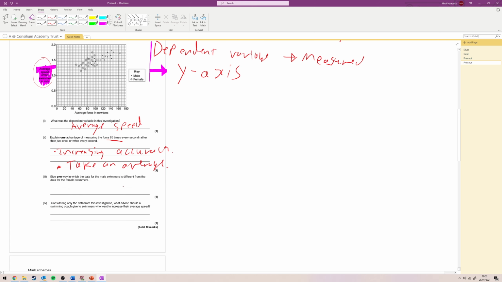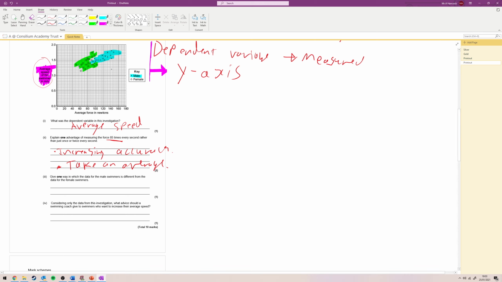Now give one way that the data for the male swimmers is different from the female swimmers. Okay, let's have a look. Here's male. We'll do male in blue, like this. The male data is pretty much all there. Okay, and we'll use green for the females. The female data is pretty much all here.